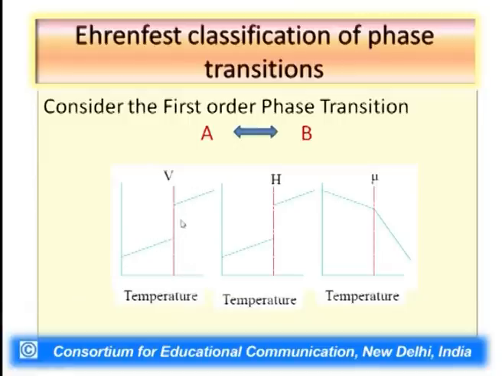That is to say, a substance when present in liquid phase, its molar volume increases as the temperature increases, and when it comes in equilibrium with the vapor phase, then the vapor phase will have its own molar volume, and therefore, you will observe a discontinuity in the molar volume value at the same temperature, and these two molar volumes represent the molar volumes of two different phases.